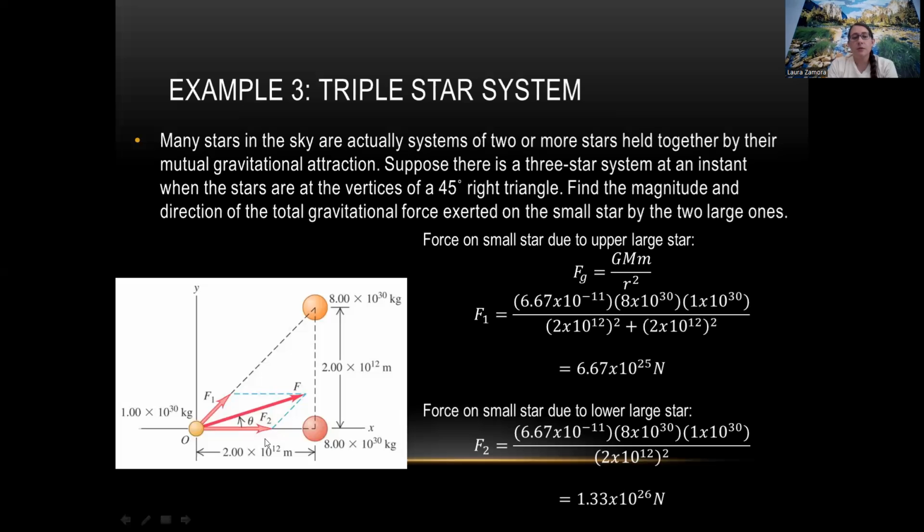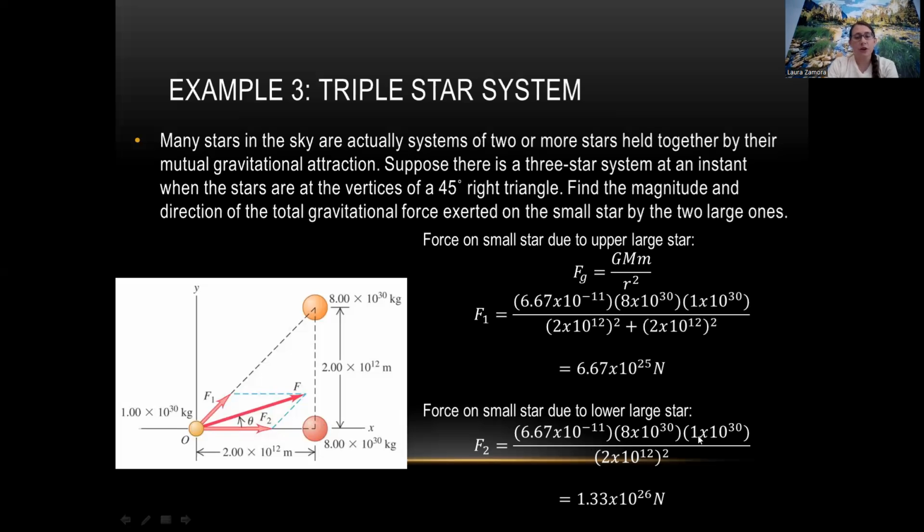Now we're going to do a similar process of the force on the small star due to this red big star. The only thing that changes here now is that distance between those two stars, right? Because capital G, big G, is always the same, always 6.67 times 10 to the negative 11. The mass of the red star is also 8 times 10 to the 30 kilograms.